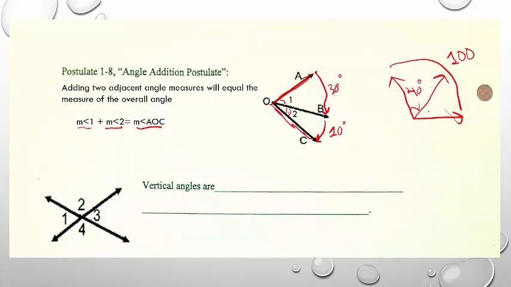That wouldn't make any sense. Part of the distance traveled is 40 degrees. We don't know the rest of the distance traveled, but we know the whole thing is 100 degrees. So if I want to find this, in this case, I actually have to subtract. I have to do 100 minus 40, and I get 60. So we'll be doing a lot of work with angle addition.